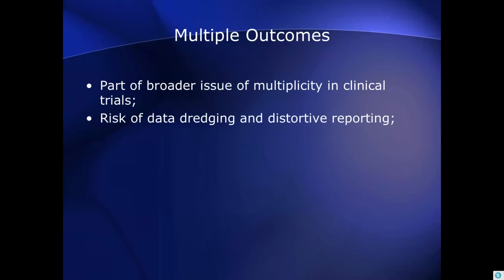So I mentioned earlier that multiple outcomes are part of that broader issue of multiplicity in clinical trials. And we have an inherent risk of dredging for data and finding something that doesn't truly exist. And we all come at data differently, and we often view things from different perspectives. So the infamous example is this lovely picture.